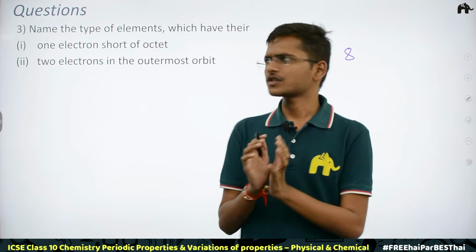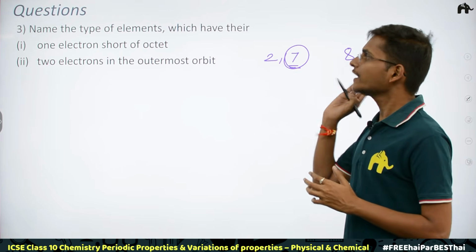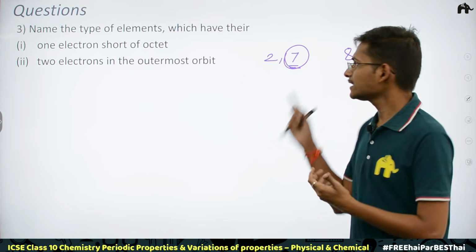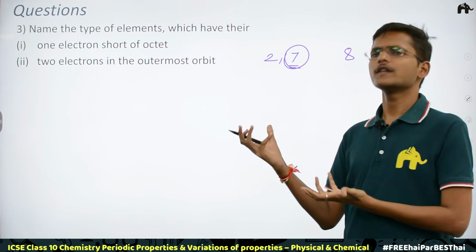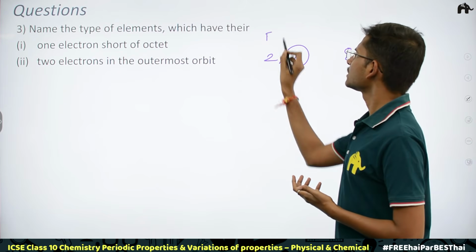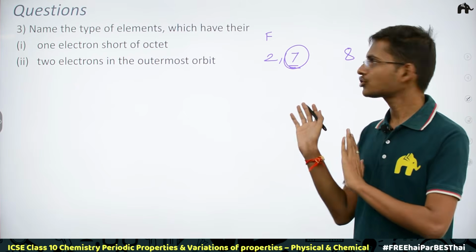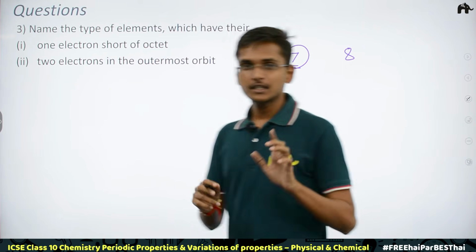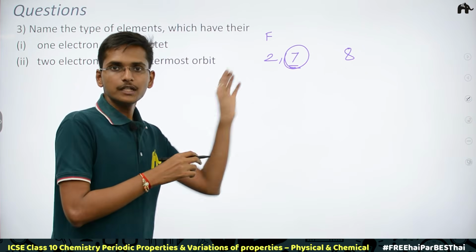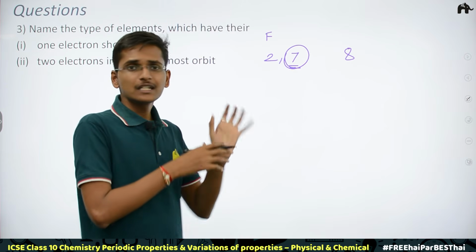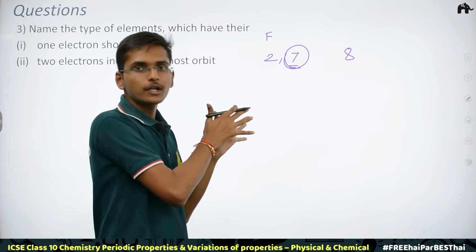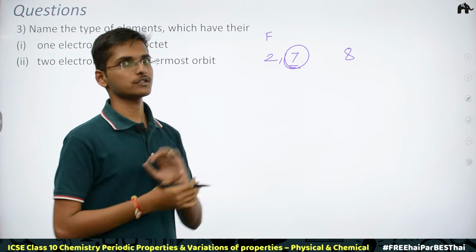Now pay attention, what they have asked: name the type of elements which have this. So they haven't asked us the name of the element which has 1 electron short of octet, but the type of element. We have just discovered that fluorine has 7 electrons in the outermost orbit, but we know that the other elements in the same group of fluorine will also have 7 electrons in the outermost orbit.